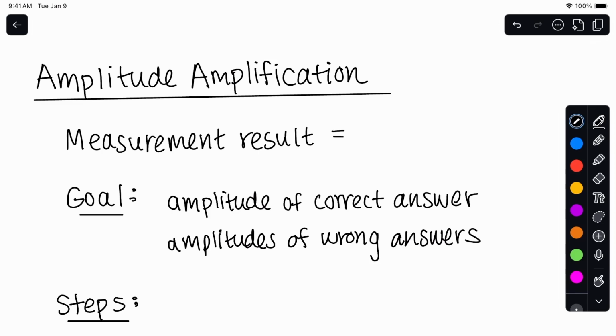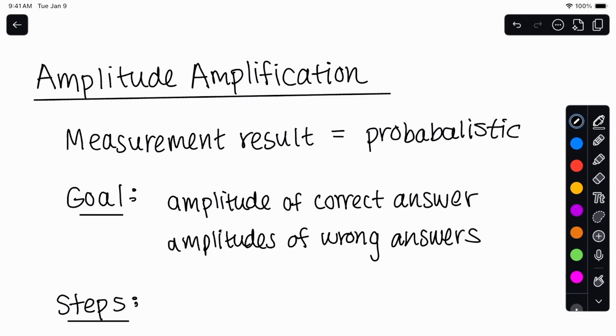So this brings us to our last section, which is amplitude amplification. And the reason this is really useful in quantum computation is that we know that our measurement results are probabilistic. So it isn't like a classical computer where you say, oh, here's two numbers, multiply them for me, and it gives you one answer.